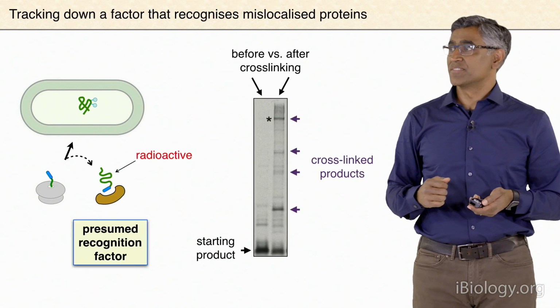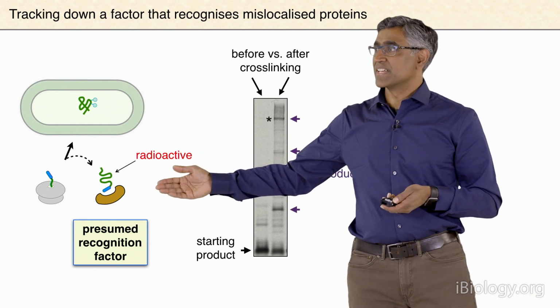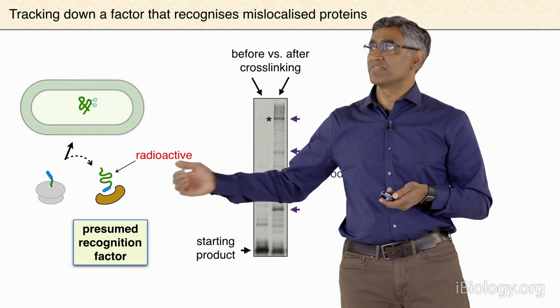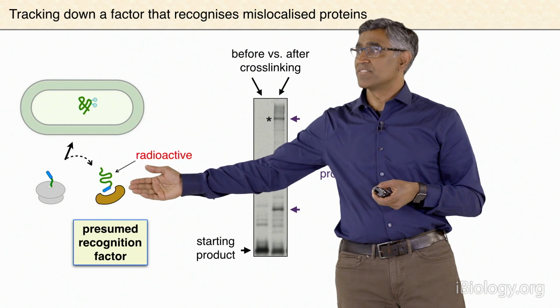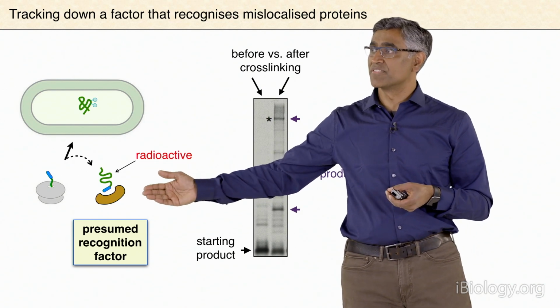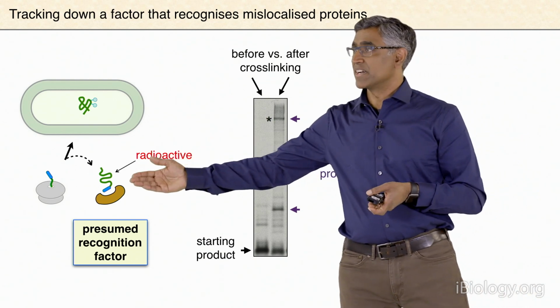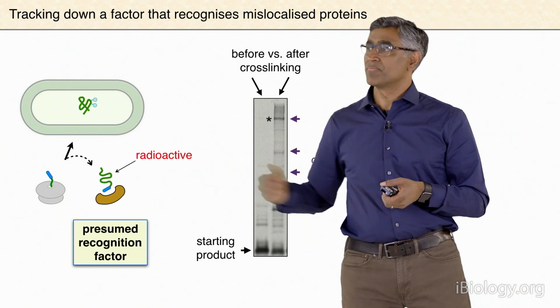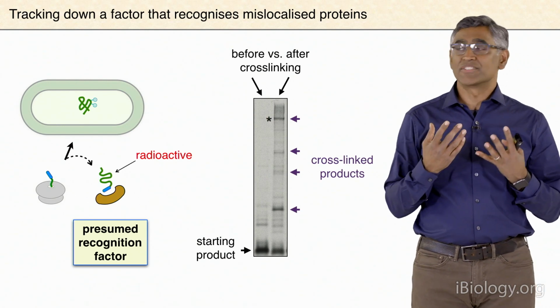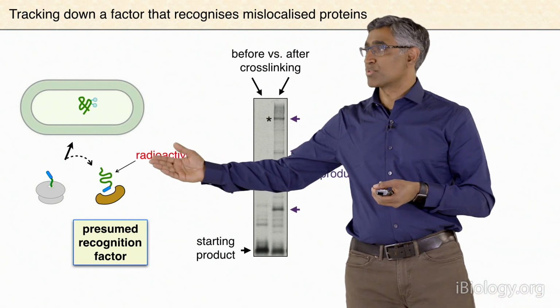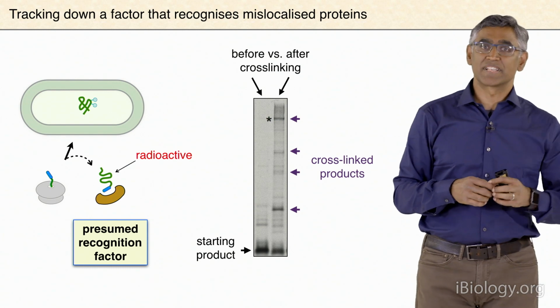So how can we do this? And what we imagined is that there should be some recognition factor that identifies this. And one of the features that we realized early on that was being recognized is the uncleaved signal peptide. And so we looked for factors that might recognize this product that still contains an uncleaved signal peptide.